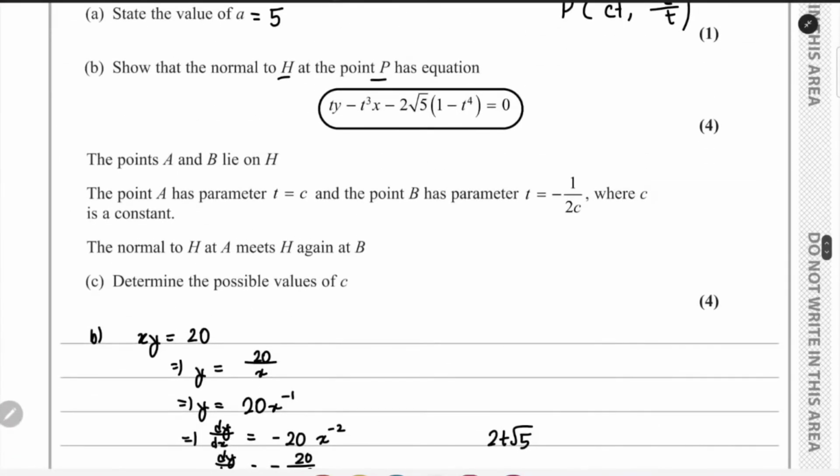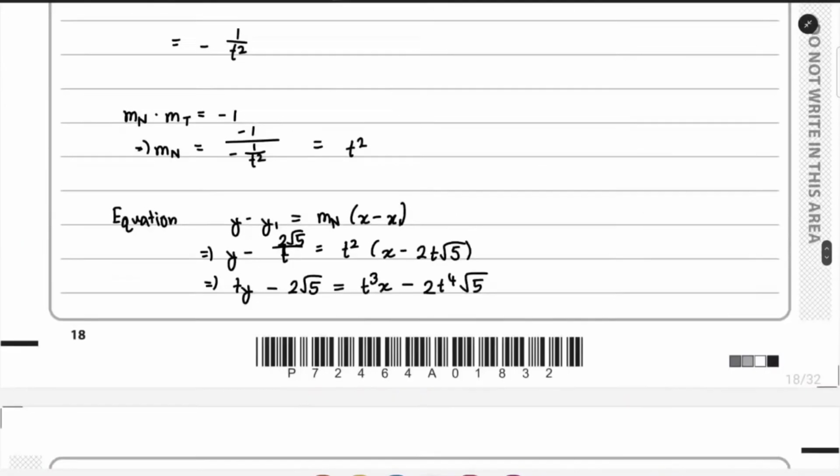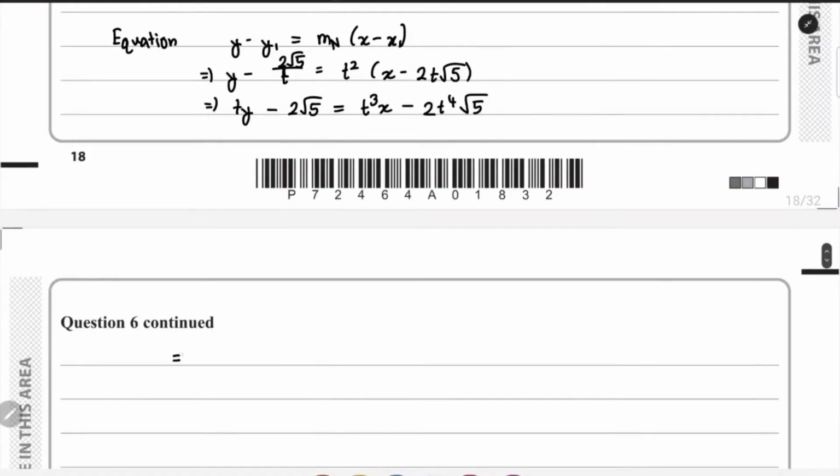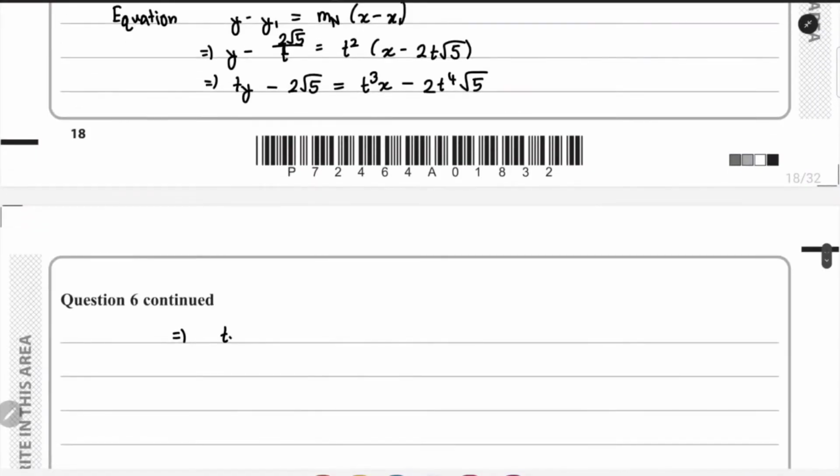Now we can move everything to the left. I have ty minus 2 root 5 minus t cubed x plus 2t to the power 4 root 5 equals 0.